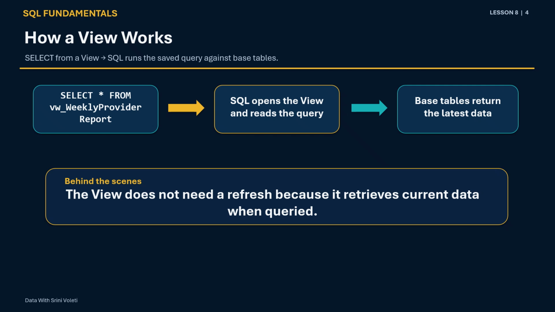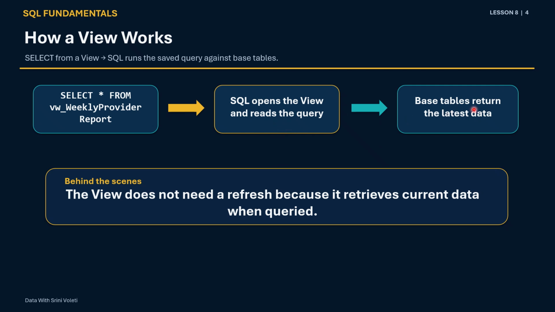When we run select star from vw weekly provider report, SQL Server does not normally perform a separate step that says open a saved result file. Instead, the view definition becomes part of the statement SQL Server has to optimize. Conceptually think: your select references the view. The view represents another select. That select references the base tables.